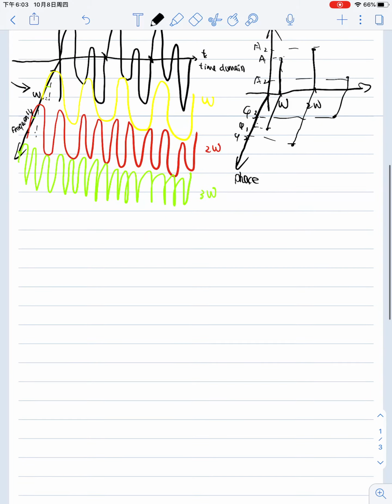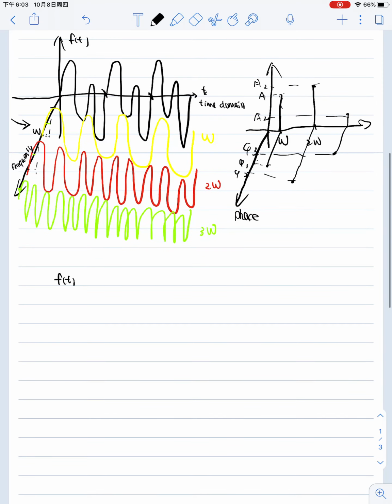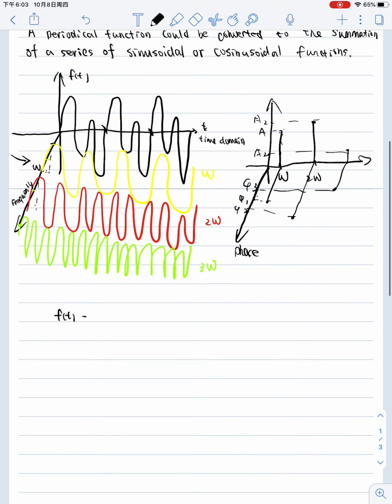So that means the original function f(t) could be converted to several sine functions.